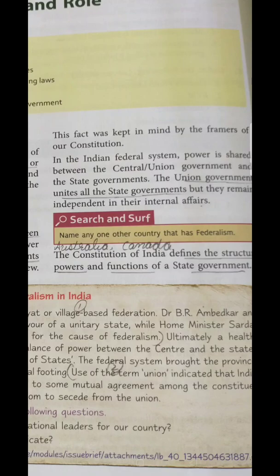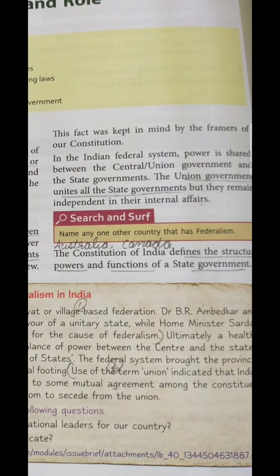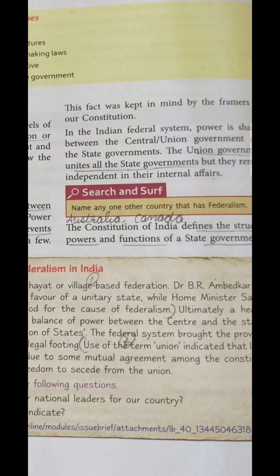Along with Australia, Canada is there. Beside Canada, Brazil is also following the federal system. United States of America is also following the federal system. So there are lots of countries which are following this federal system. So definitely India is also following this system.